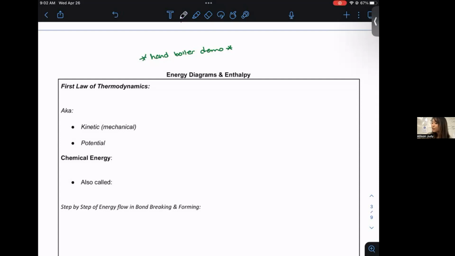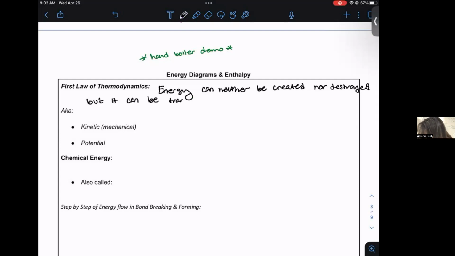Okay. So the first law of thermodynamics is energy in all of its forms can neither be created nor destroyed. And if you already know this, don't write it down. But it can be transformed, or another way of putting it, converted.